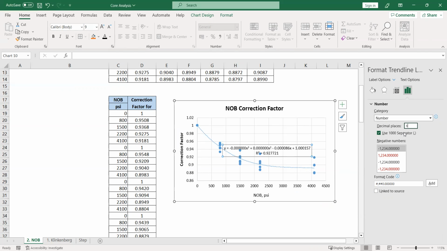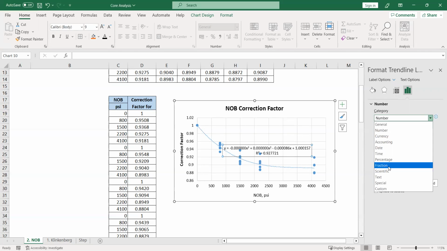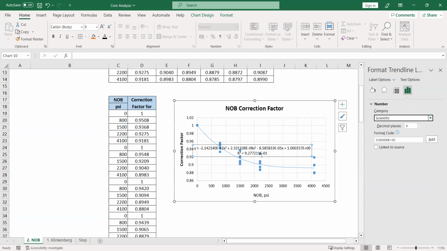Oh, too small, right? What should we use then? And then scientific. Okay.